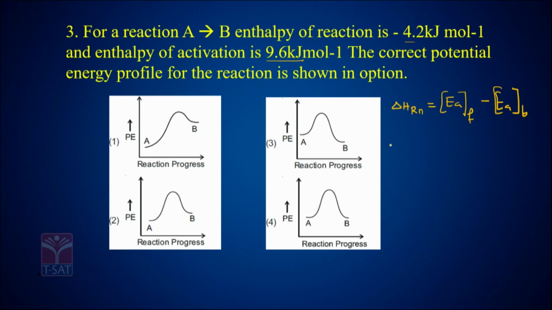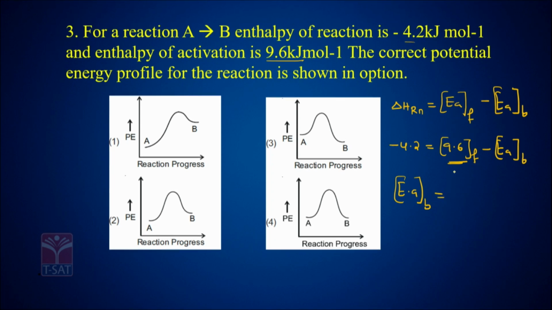So enthalpy of reaction, minus 4.2, equals forward, which is given as 9.6 activation energy. If you calculate the activation energy of the backward reaction, what will be the answer?